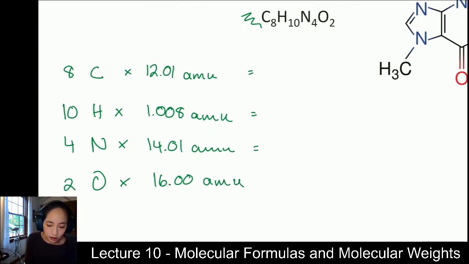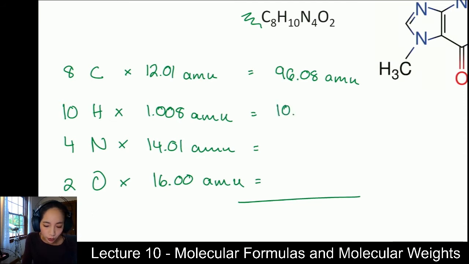Essentially what I'm doing is taking the subscript for each of these atoms times the atomic weight of one of the atoms, and then I'll add up all those numbers, and that will give me the molecular weight of one molecule. So if I do these operations, it's 96.08 AMU, that's how much all the carbons weigh.